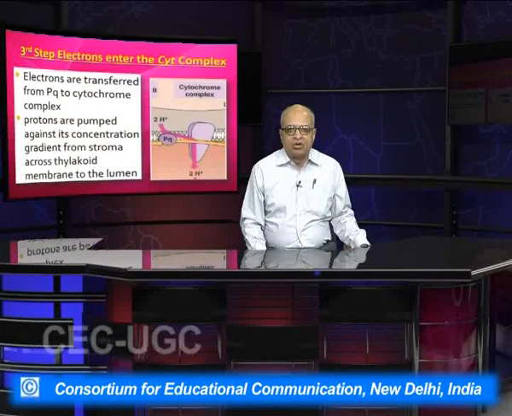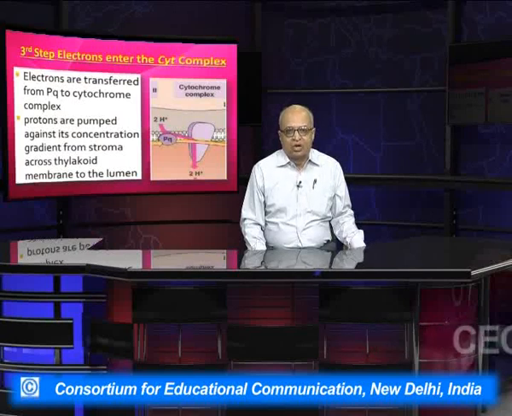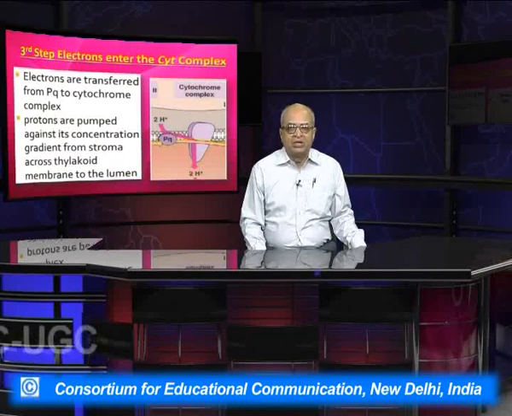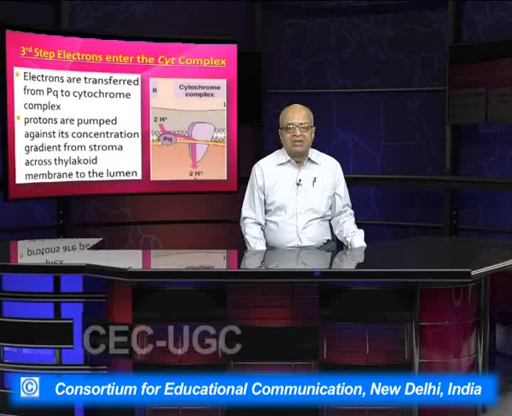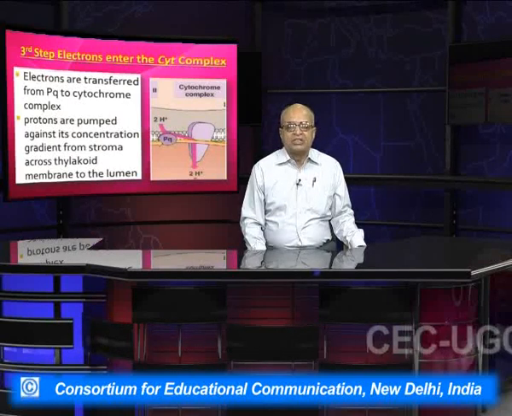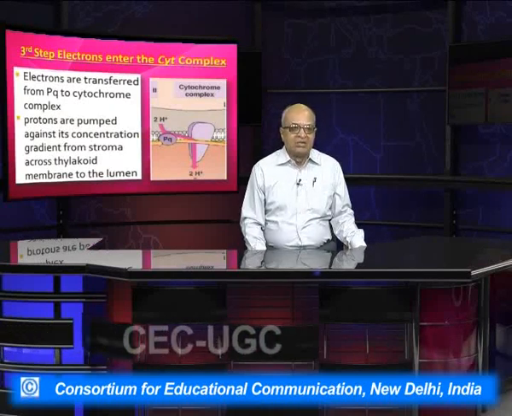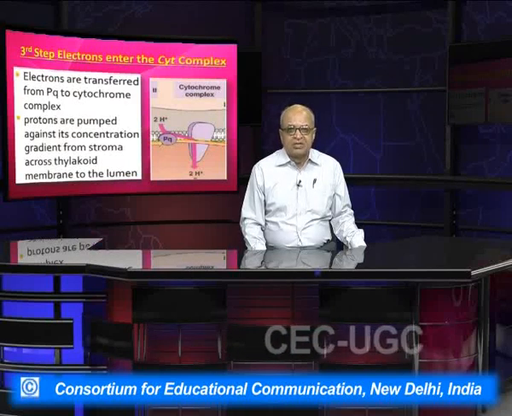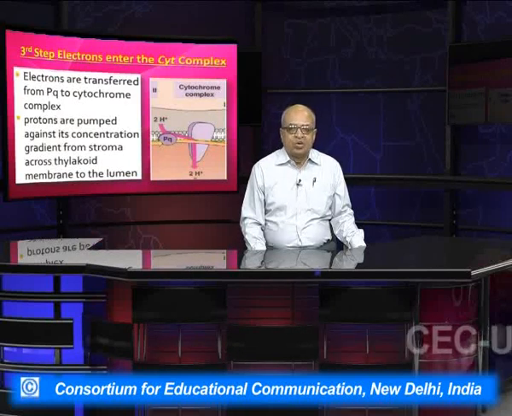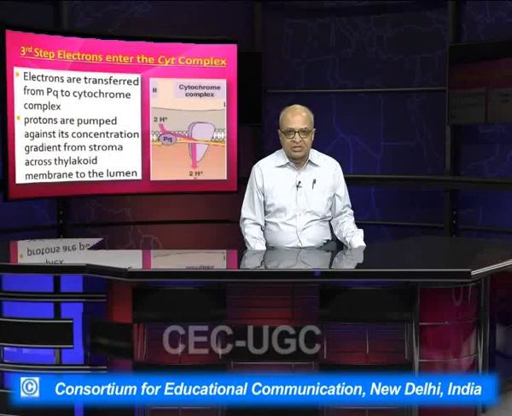It cannot hold on to this electron for a long time, it has to now go through a downhill transfer, and this transfer of electrons now goes to the cytochrome complex. We should remember the cytochromes are iron containing electron carriers, which are going to function on the basis of ferrous ferric oxidation reduction reactions.